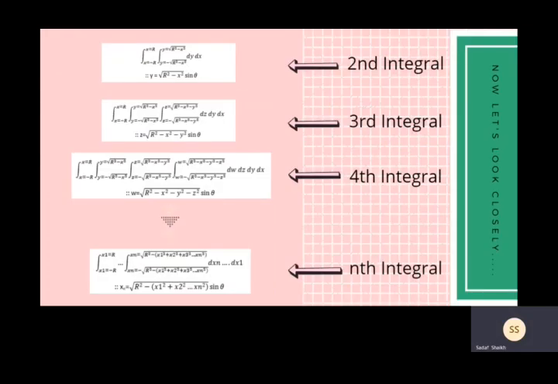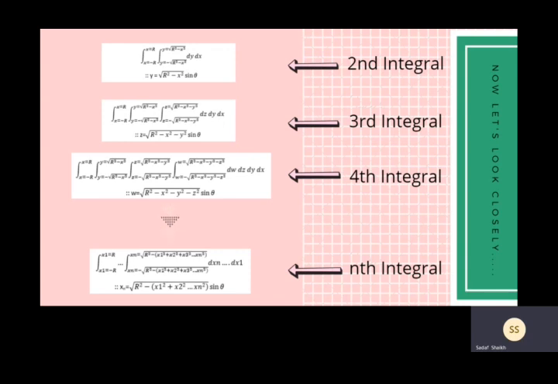Now, having established what triple, quadruple, and double integrals exactly give us, the question arises, what exactly do we do about the higher dimensional hyperspheres? The 20th dimensional hypersphere, the 30th dimensional hypersphere.